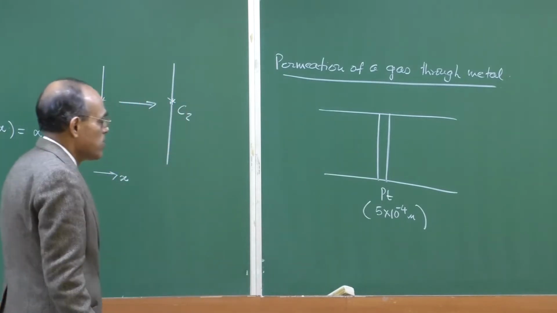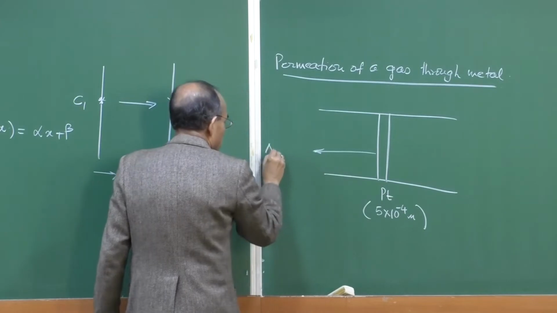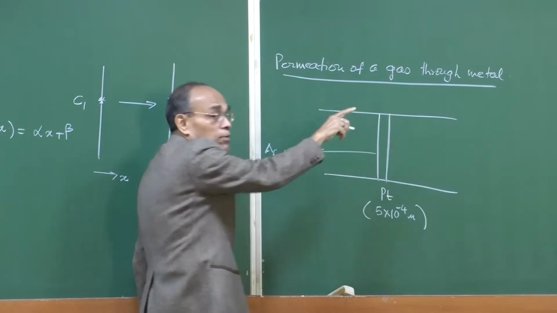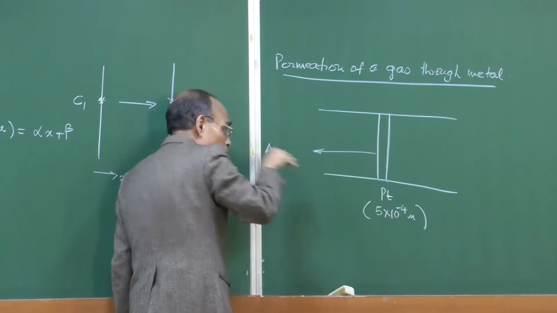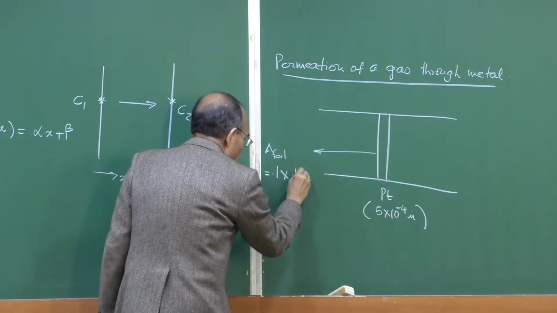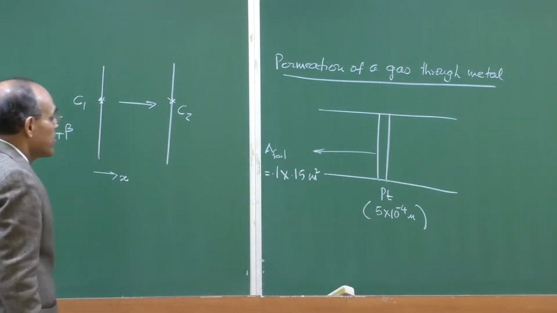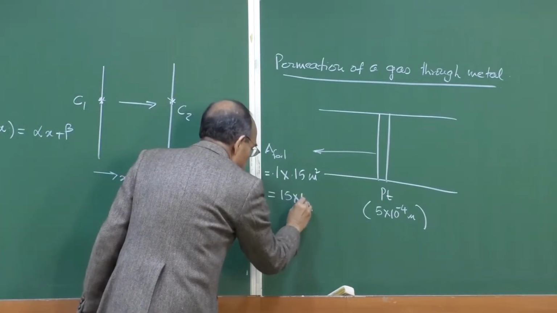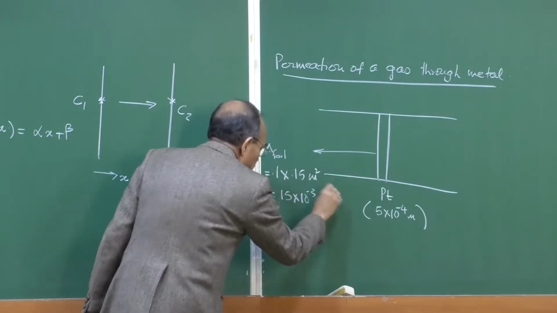And the area of the foil, if you see it perpendicular to the board, is a rectangular area, given as 0.1 into 0.15. So, one side is 10 centimeter, the other side is 15 centimeter. So, this is equal to 15 into 10 to the power minus 3 meter square, that is the area.